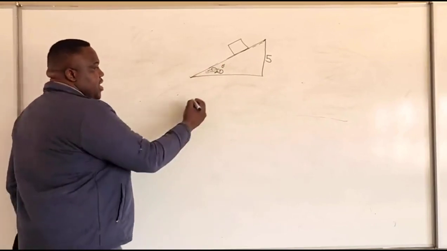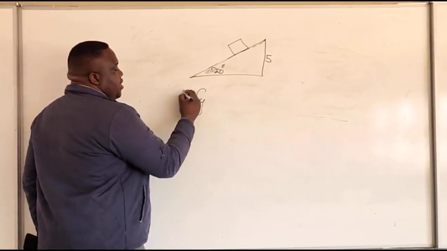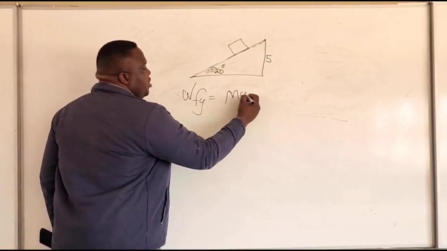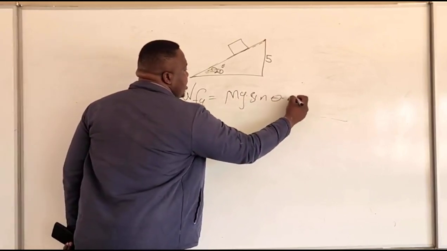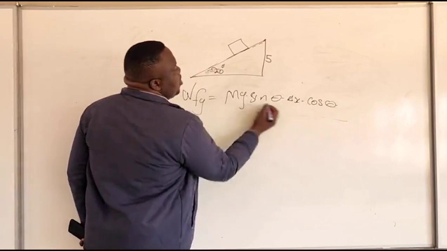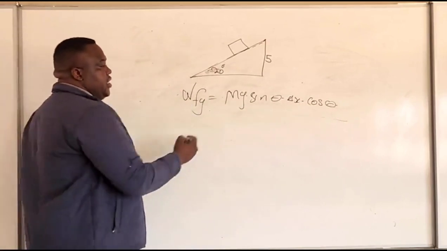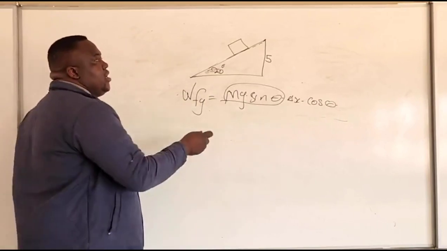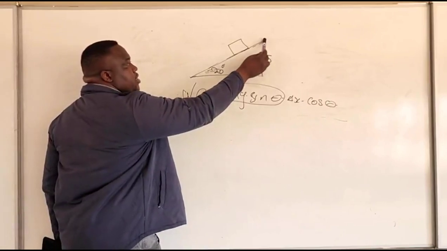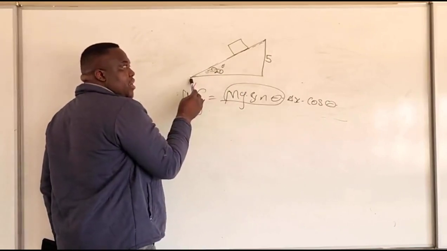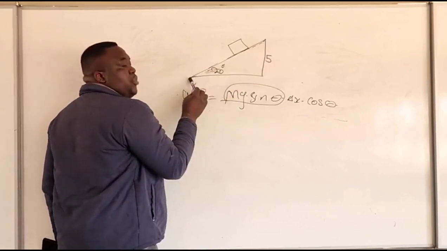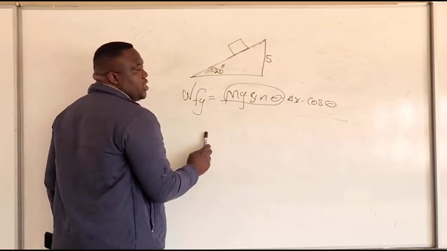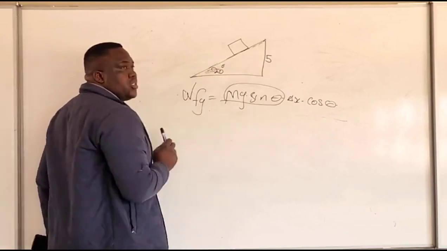This formula, work done by Fg equals mg sine theta times delta x times cos theta, will not work, because this is the formula for the FG parallel, and FG parallel exists from this point to this point, and you are not given the displacement from this point to this point.